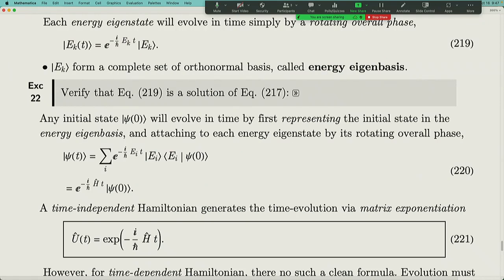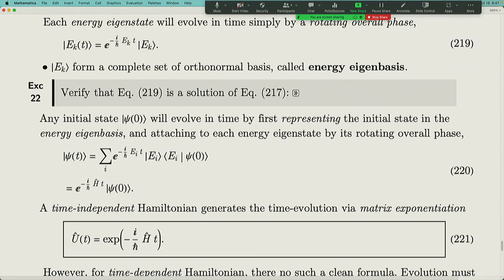So as long as you know the eigenstates, you can always use the spectral decomposition, or change the representation to the energy eigenbasis, and use this idea to do time evolution. Another way of writing this is that the whole operator in front can simply be written as a unitary operator, as we mentioned above. As we said, a time-independent Hamiltonian generates the time evolution unitary via the so-called matrix exponentiation.